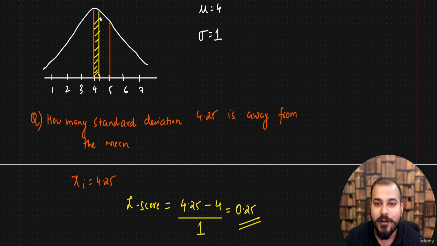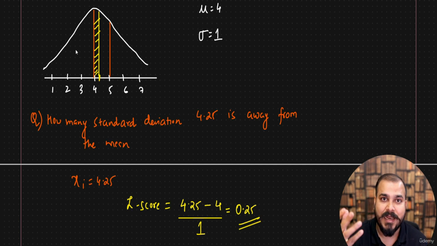In a future video, we'll also try to understand how to calculate this area. There is a generic table given, the Z table, where you can also find the area under the curve, like how much area is present between 4 and 4.25. This kind of area we can also understand and find out. If many people are thinking, Krish, what kind of practical application will this have?